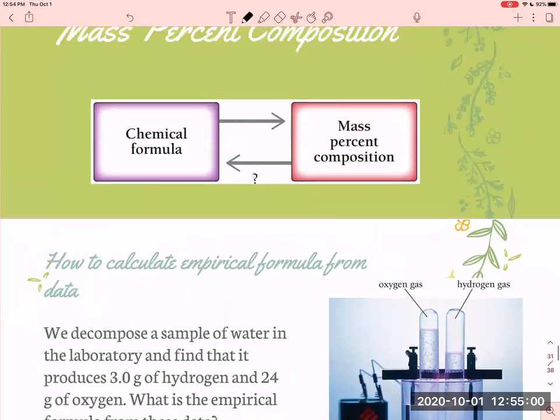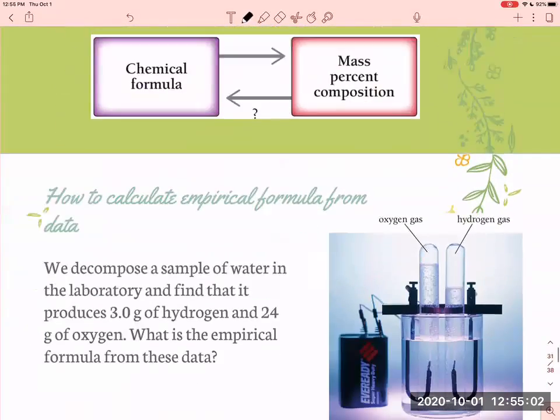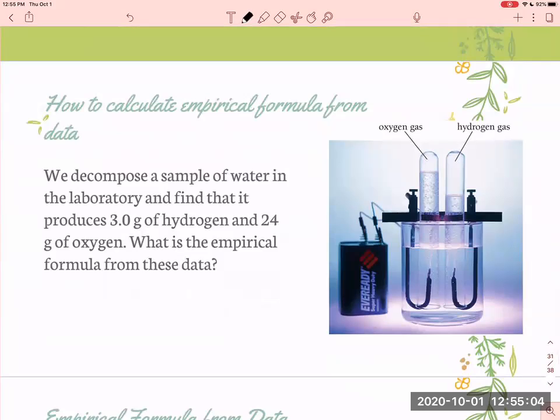So we're going to talk about empirical formula. Let's just quickly, before we jump in, define what that means. An empirical formula is the lowest whole number ratio formula.